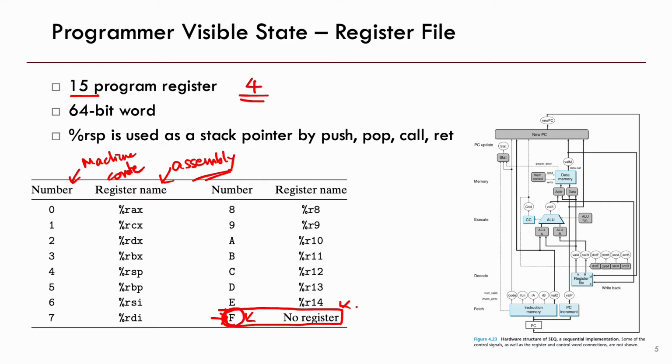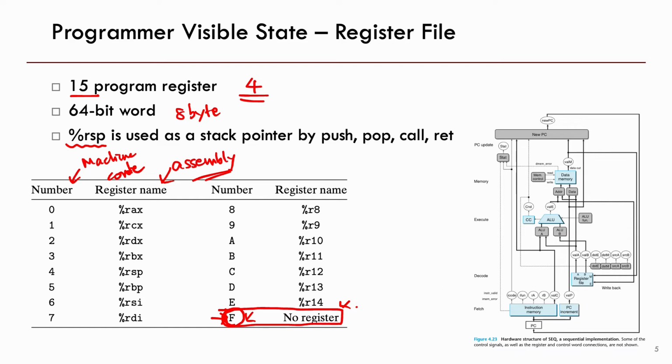And each of these registers is 64 bits long, which means it can store 8 bytes. And then here we have a special register called RSP, and it is used as a stack pointer, and it is used by the push, pop, call, and return instructions.